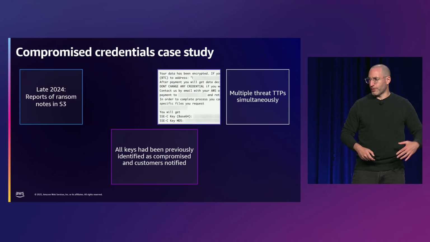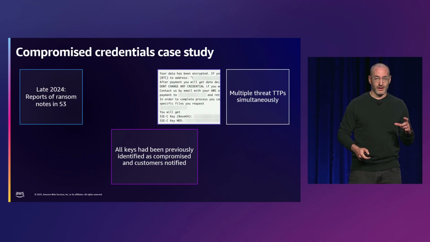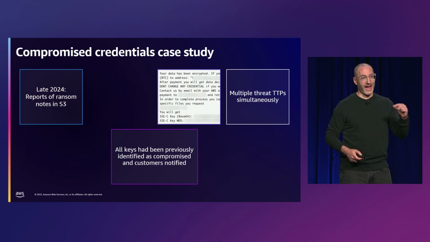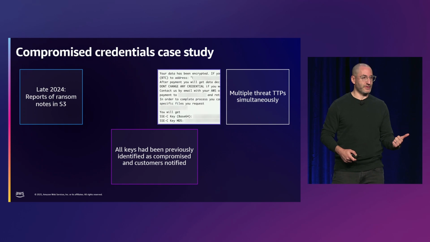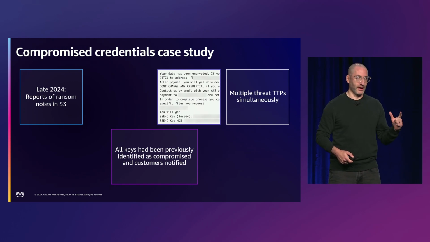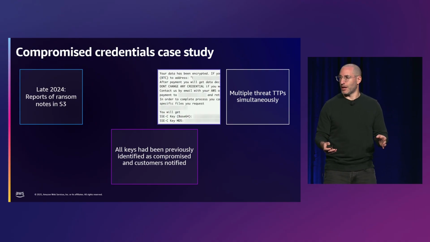Over the course of a few days, speaking to the credential black market, we saw multiple threat actors at the same time in accounts doing different activities, like attempting to set up EC2 instances for crypto mining, as well as this ransom activity, footprinting, outbound spam and phishing. That was indicative of a coordinated campaign amongst loosely affiliated groups. They're not doing the same thing, but they're using the same creds that probably came from the same access broker.